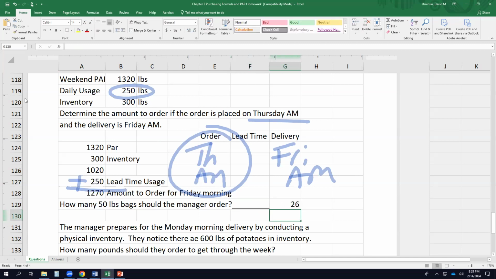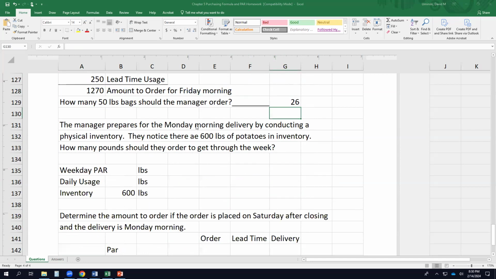Questions, comments, concerns about this? Now, when we get ready for Monday, what was my weekday par? 1,100 pounds, right? To get me through the weekday, I had 1,000 plus that 10% is 1,100.